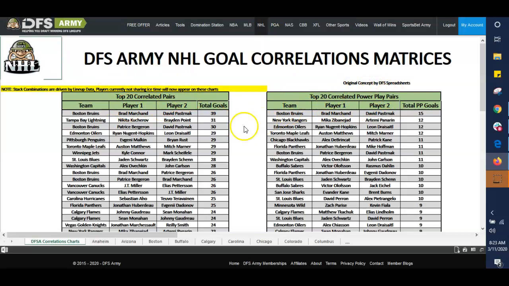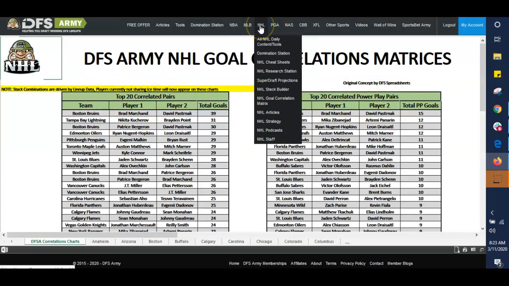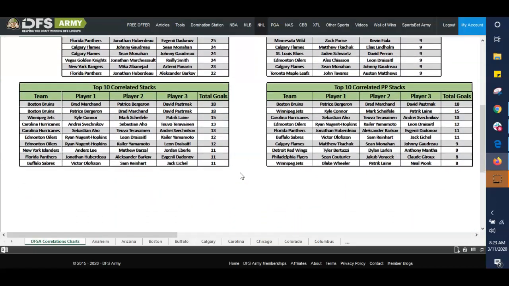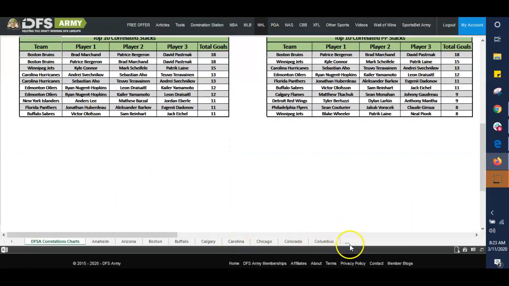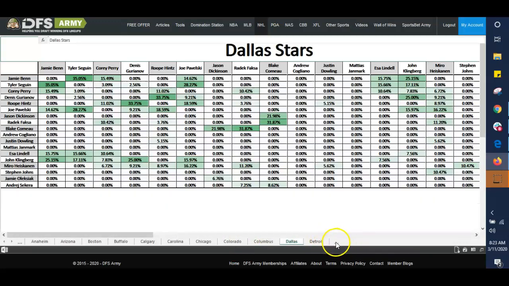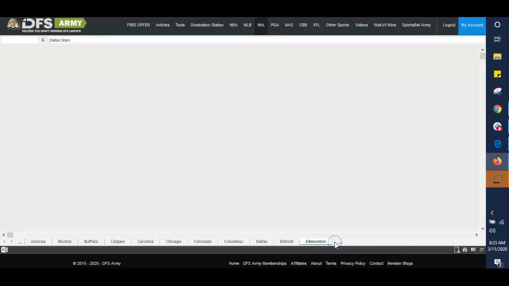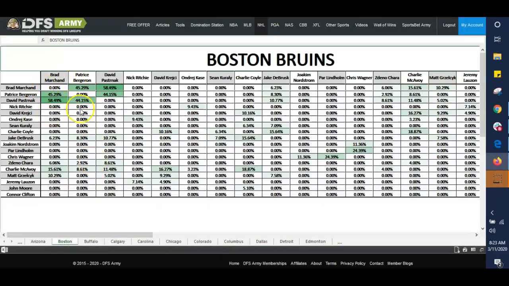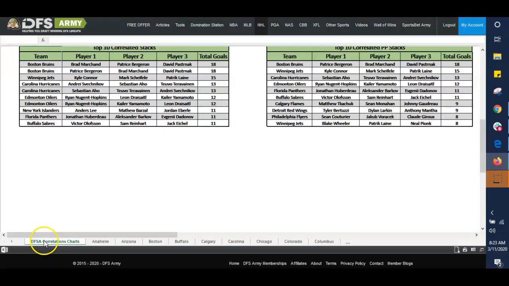There is also a neat little tool that shows where these come from, and it shows the percentages. Under the team players, the teams, you can see the percentages at which they correlate as well.